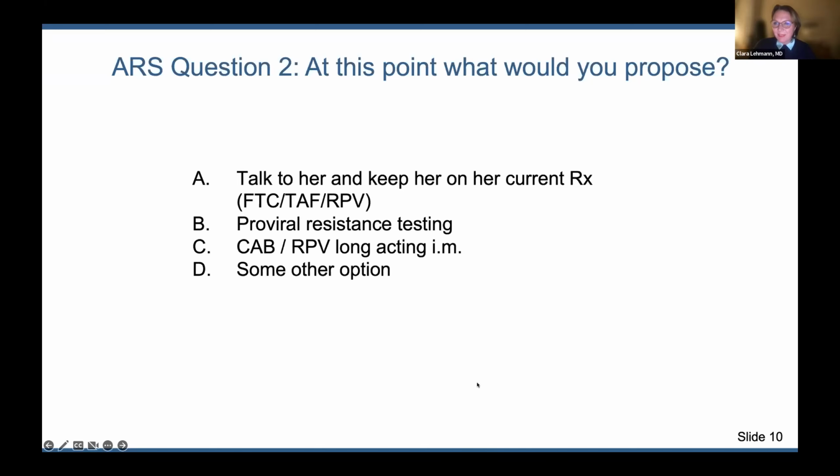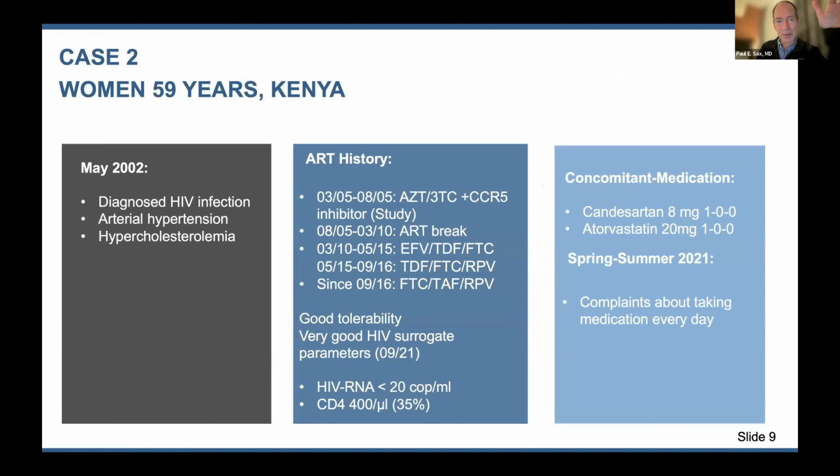It's interesting, if you go back to the treatment history for a moment, this patient would not qualify for the ATLAS or FLAIR studies. And yet I'm going to go out on a limb and say I'm very comfortable switching a patient like this to CAB rilpivirine without doing proviral DNA resistance testing.